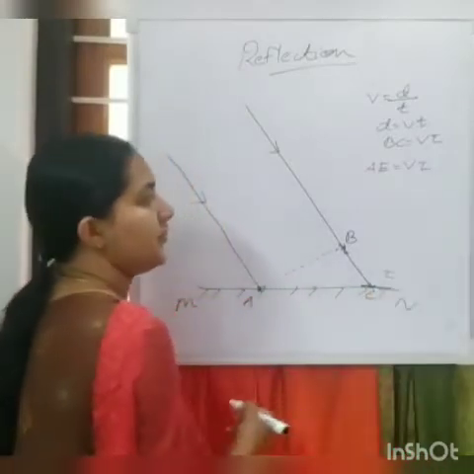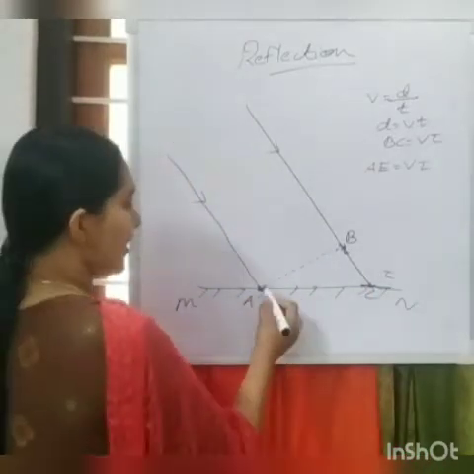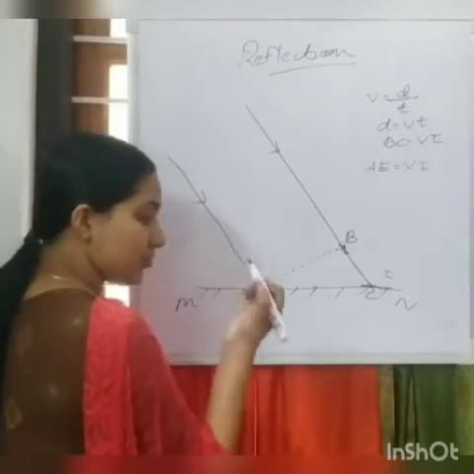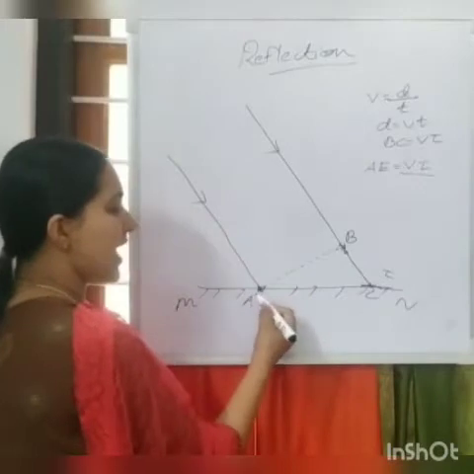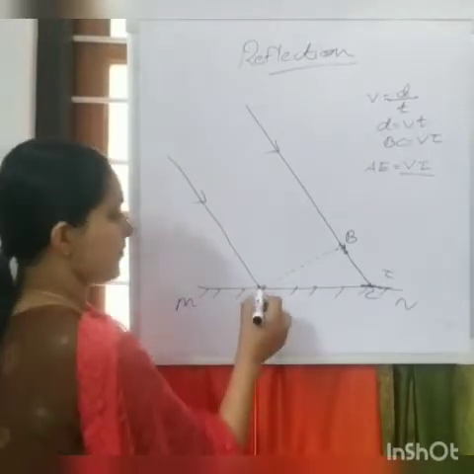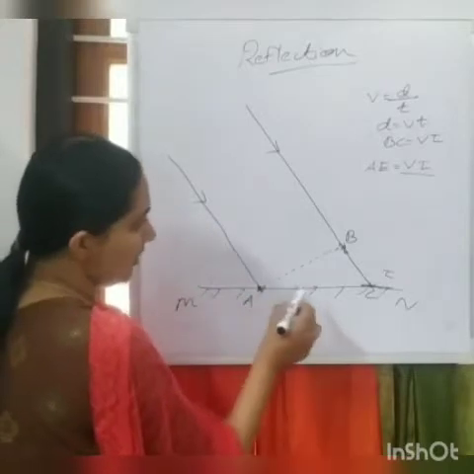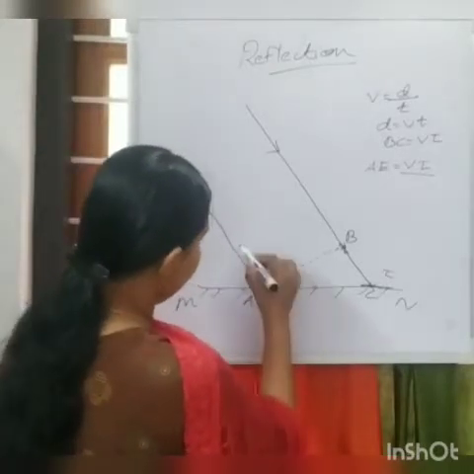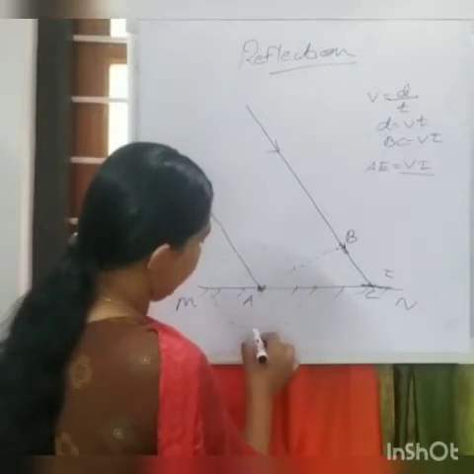So V tau. So to find the direction, we'll draw a circle with radius V tau from A as the center. Okay. So with A as the center, we will draw a circle with the radius V tau.